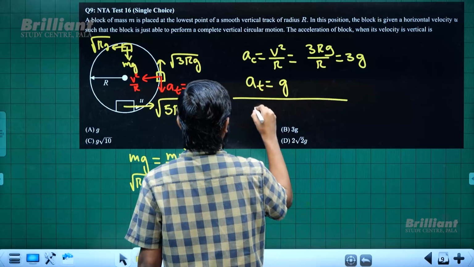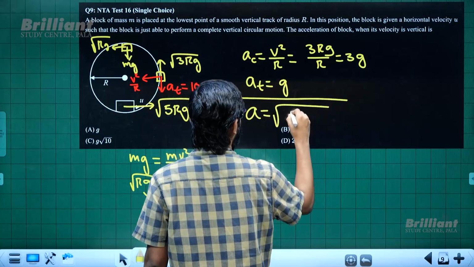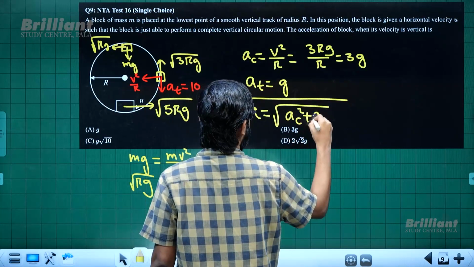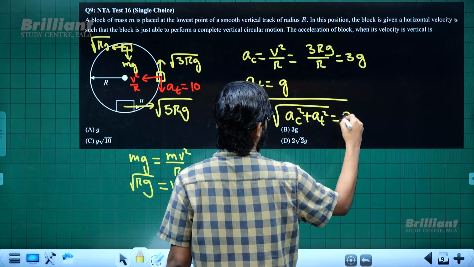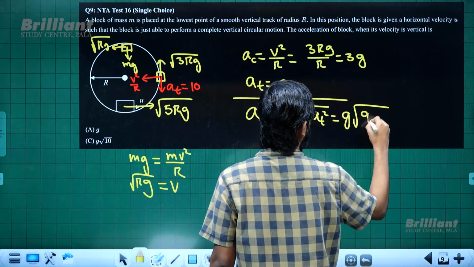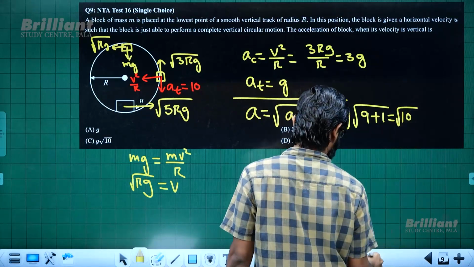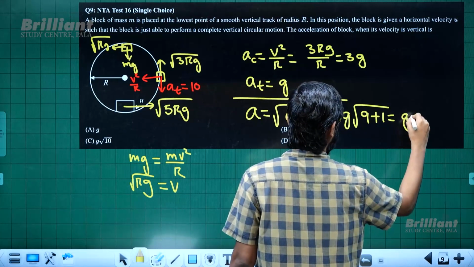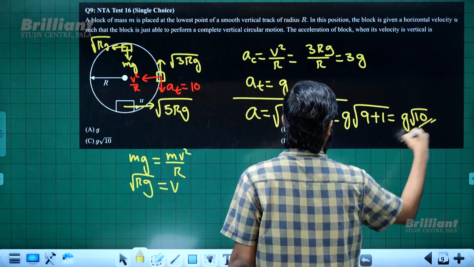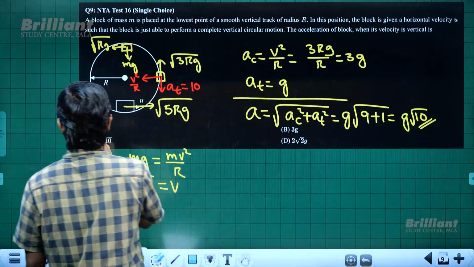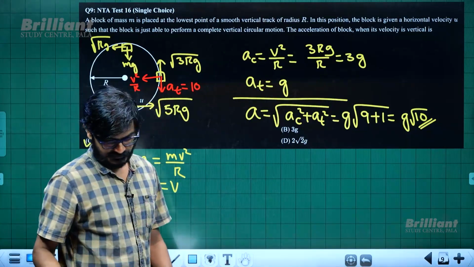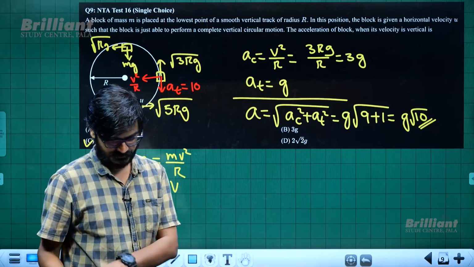So what is the total acceleration? Total acceleration is square root of centripetal acceleration squared plus tangential acceleration squared, which will be g into root of 9 plus 1, which is g root 10. That's the 9th question: g root 10.